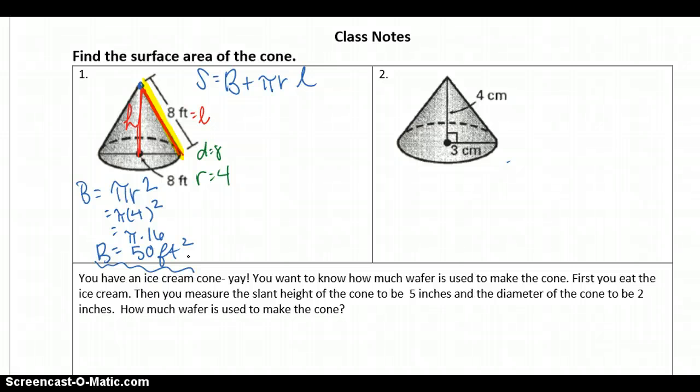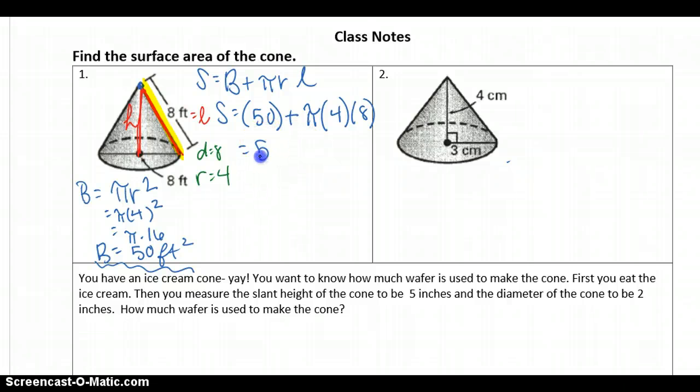Okay. So we have everything we need to plug into our formula, so let's plug it in. We have S equals, for B, we're going to put in 50, plus pi times R, which is 4, times 8, which is L. So, order of operations, we have to multiply first and then we add.